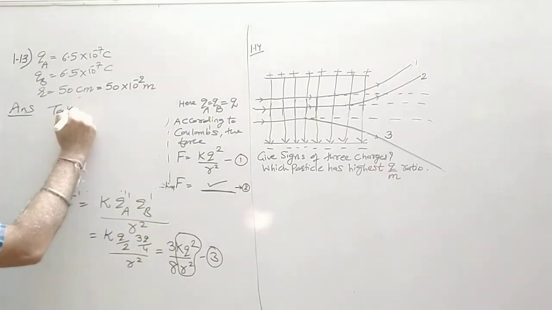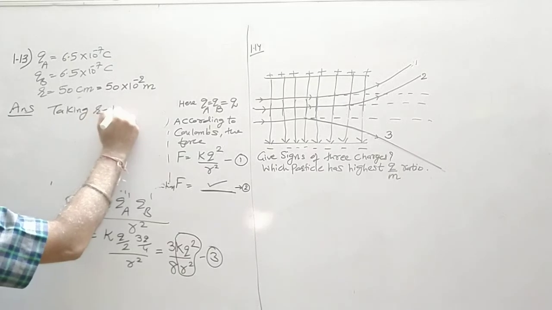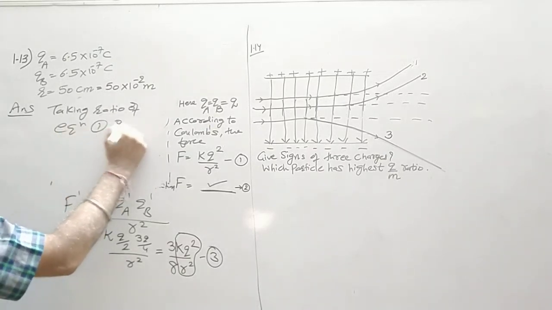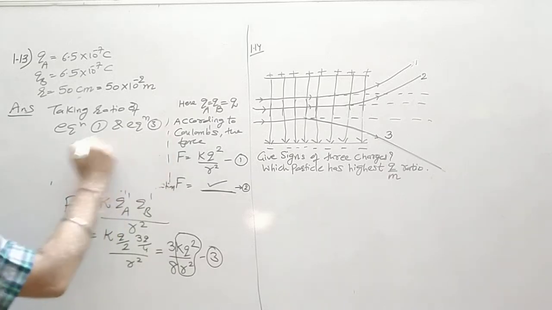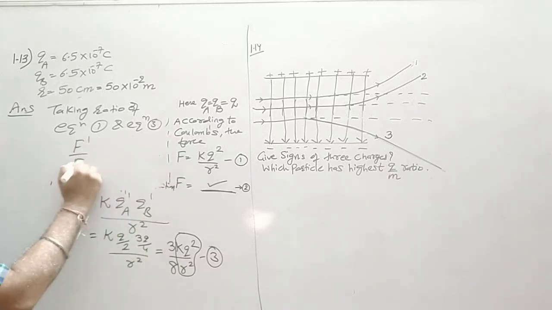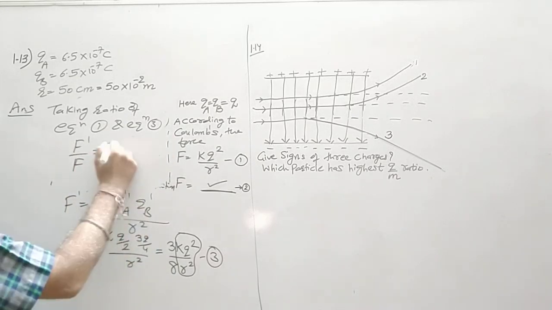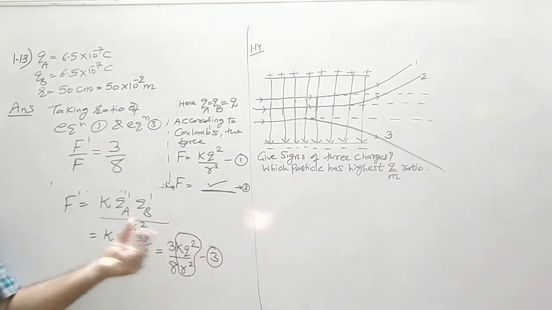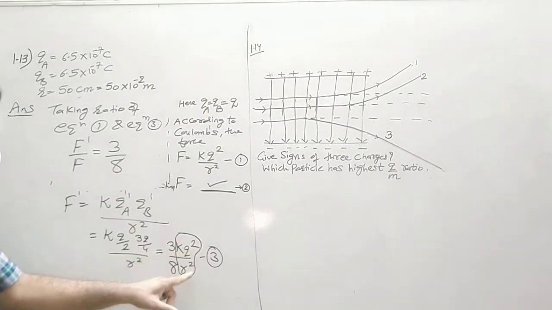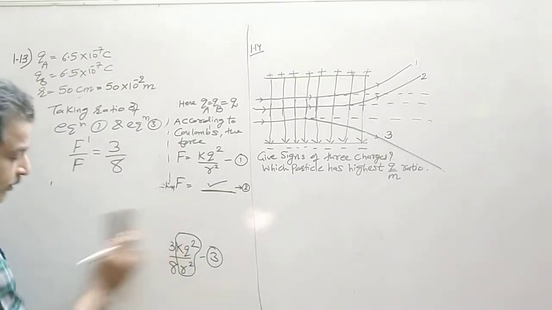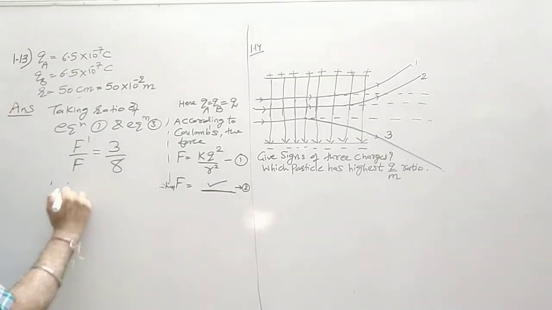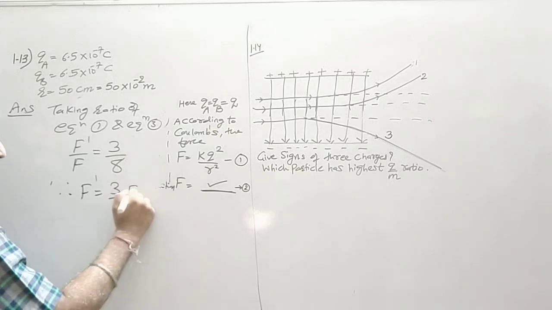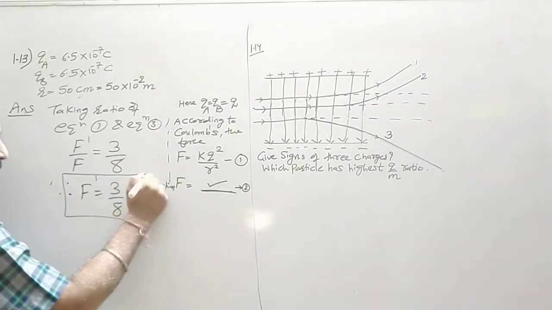So taking ratio of equation 1 and equation 3, F dash upon F is equal to 3 by 8. So we take the ratio, or directly KQ square upon R square can be written as F. So final force of interaction F dash is 3 by 8 times the initial force.